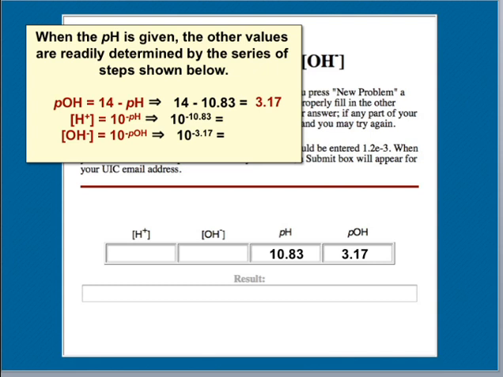We know pH. To get hydronium, we simply need 10 to the minus pH. So we take our calculator, type in minus 10.83, hit 10 to the x, and it's 1.48 times 10 to the minus 11.